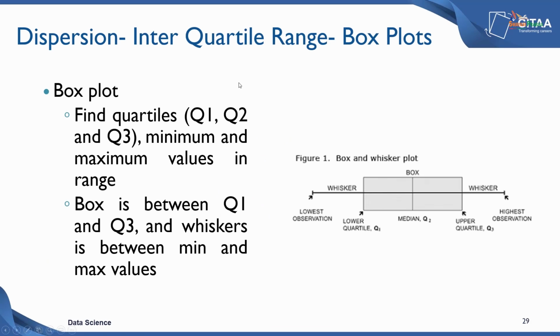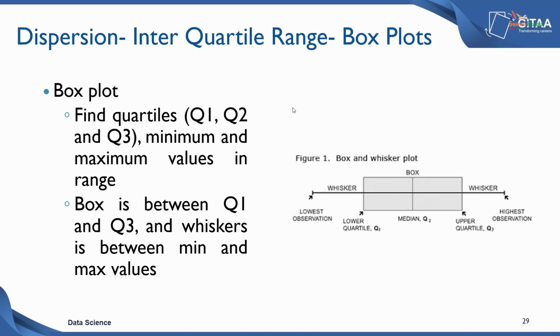The other measure that gets used for dispersion is the interquartile range, and this is done through a tool called the box plot. Essentially this tries to understand the data by breaking it up into 4 quartiles, ordering the data in ascending or descending order.